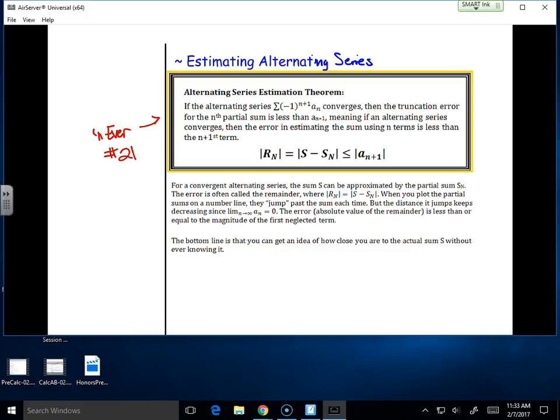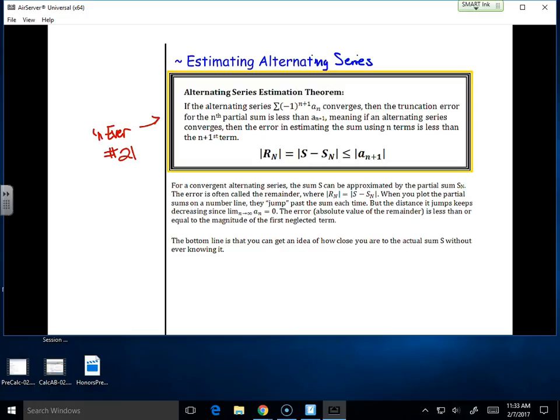Alternating series estimation theorem. If the alternating series converges, so it doesn't have to be absolutely convergent, then the truncation error, well, for the nth partial sum, you're only adding together a finite number of terms, so you're missing the rest of the sum. You have some truncation error because you're cutting off the rest.